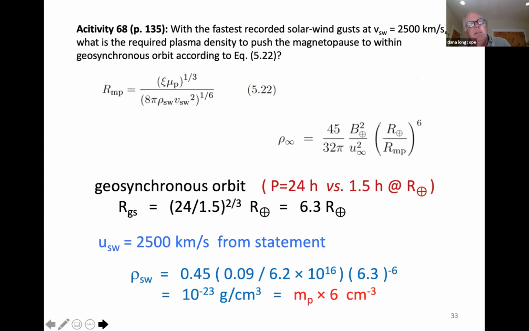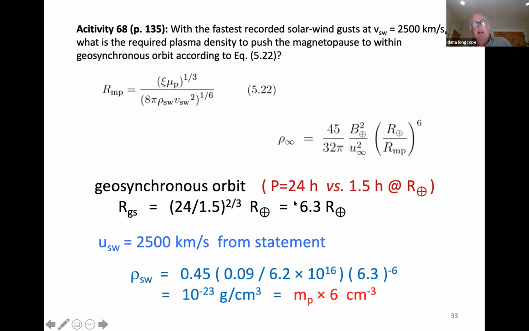Okay. So this is one of the activities. And one of the things it wants you to do, and this is more relevant for studying storms and things, if the solar wind speed went up to 2,500 kilometers per second, right? This is just an example of what could happen. And that has actually happened when we have these storms, CMEs and things like that.